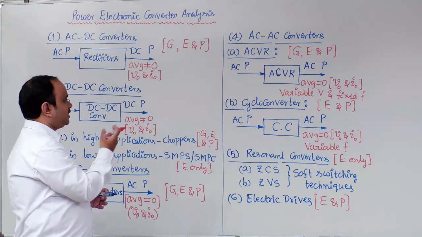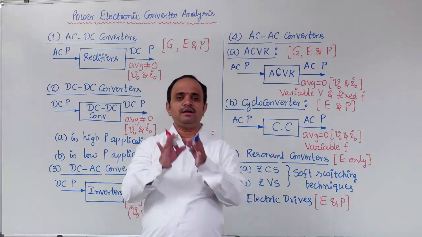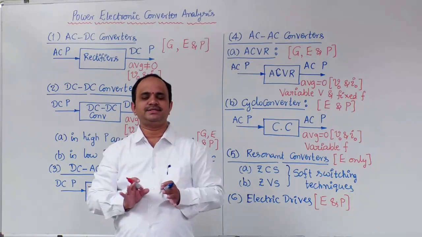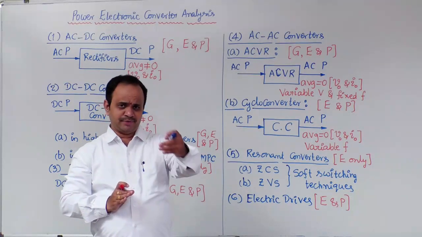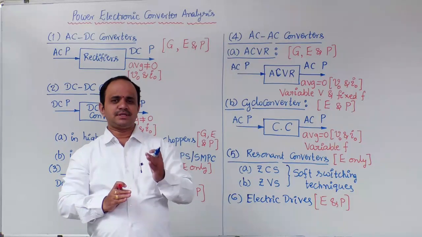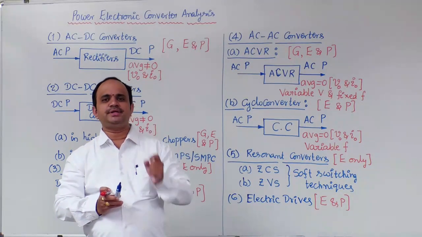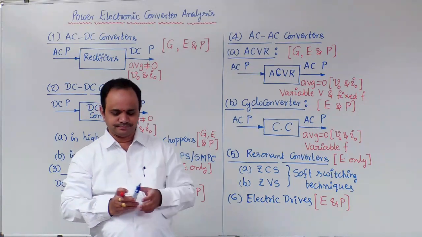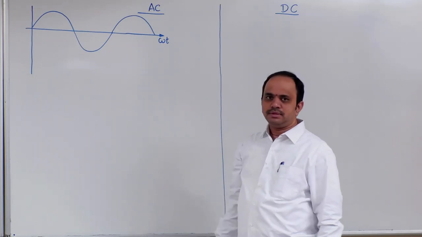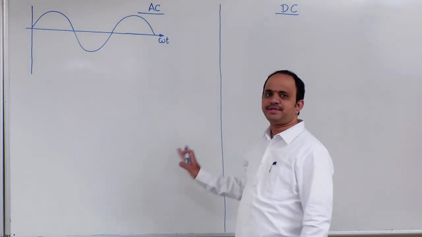Whether you take rectifier, inverter, cycloconverter, or AC voltage regulator, any circuit basically involves the analysis of AC and DC waveforms. Therefore, before jumping onto converter analysis, first let us look into the basic properties of AC and DC waveforms, as a comparison table.